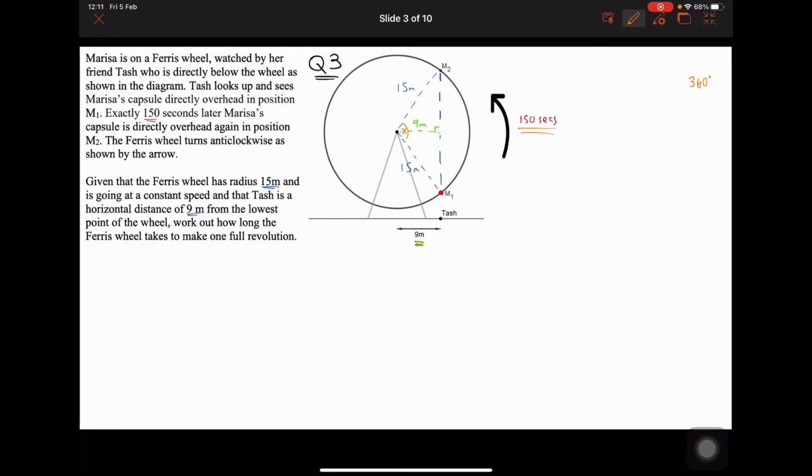So let's see what we can do here. So we have a triangle, 15, 9, and we're concerned about this angle here.